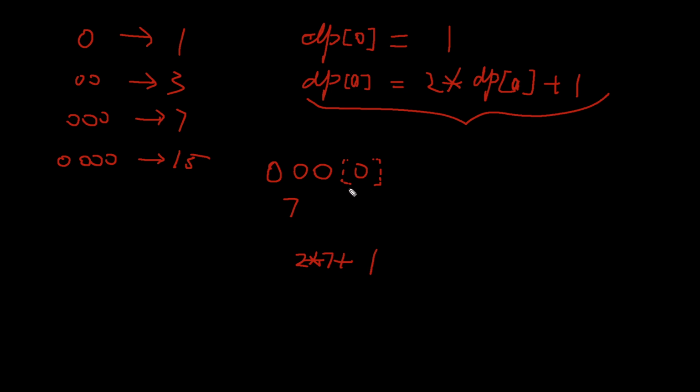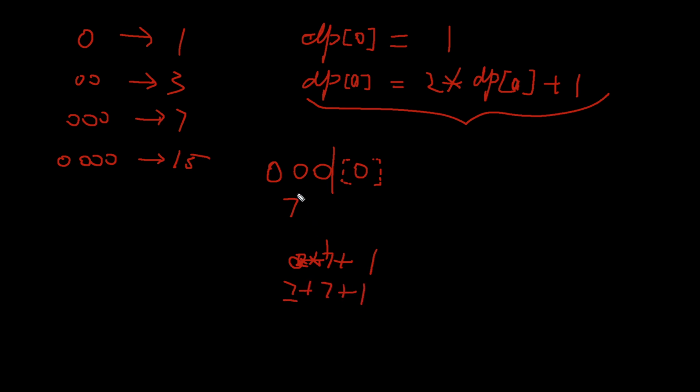And why is that? Because by adding this one zero, we have inherited all the possible ways of only choosing the previous zeros, right? So we have these 2 parts. So we have 7 plus 7 plus 1.